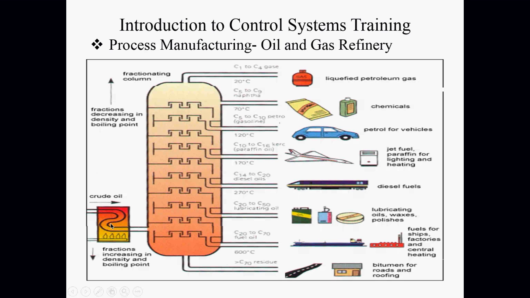So when the heated crude oil enters this fractional distillation column, because of the heat, most of the crude oil is converted to vapors. It rises in the fractional distillation column, and these fractions all have a different temperature range being maintained there.